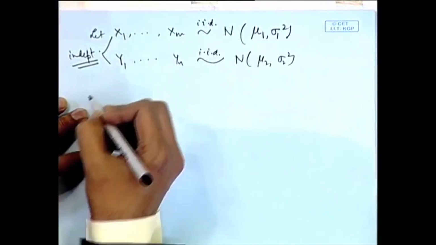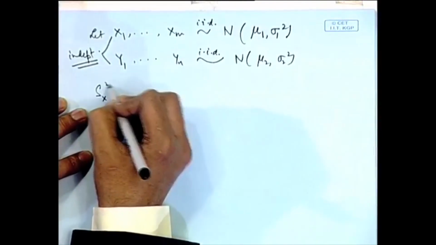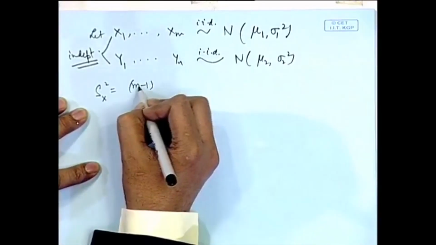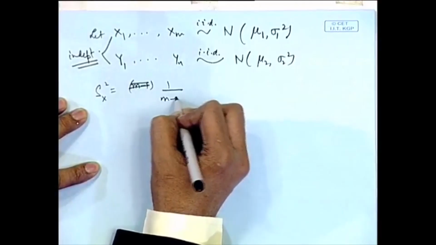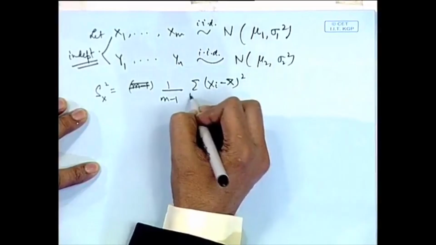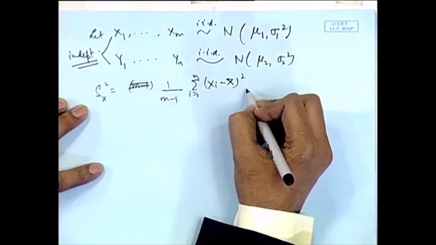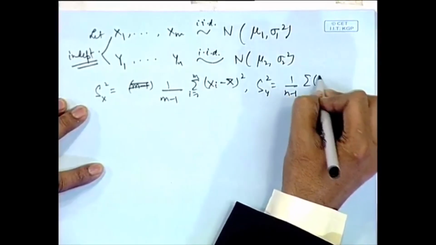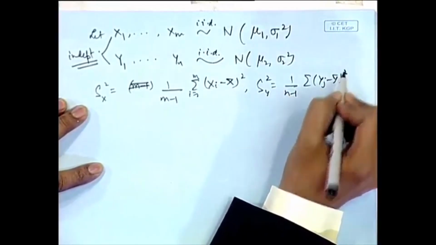Let us define the quantities S x square as 1 by m minus 1 sigma x i minus x bar square, i equal to 1 to m, and S y square as 1 by n minus 1 sigma y j minus y bar square.